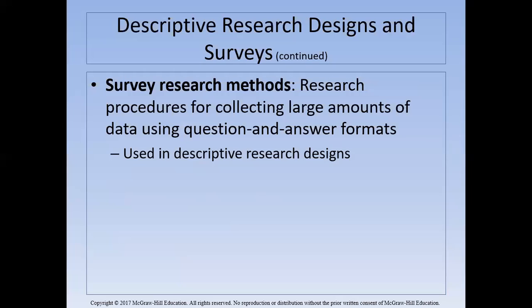Survey research method: research procedures for collecting a large amount of data using a question and answer format. Yes, as you know, you have been running into surveys, phone calls. Some people do surveys in the mall. You go in the mall and you will see people stopping you and collecting information. They can be sending you questionnaires through the mail.